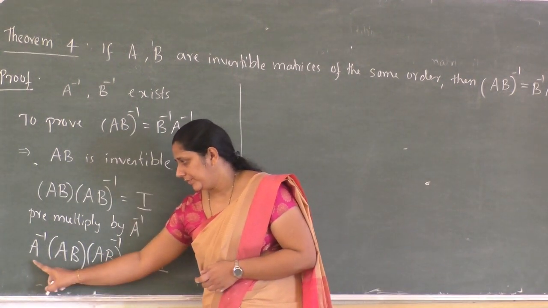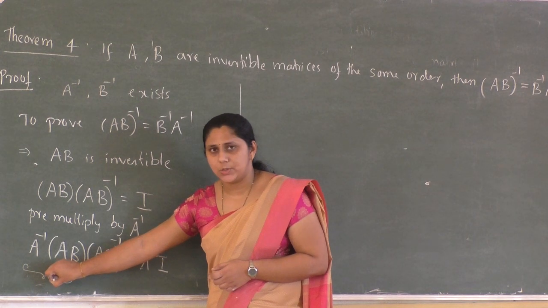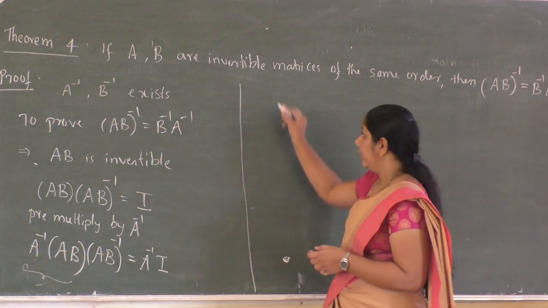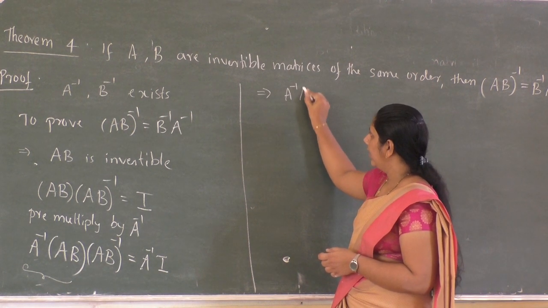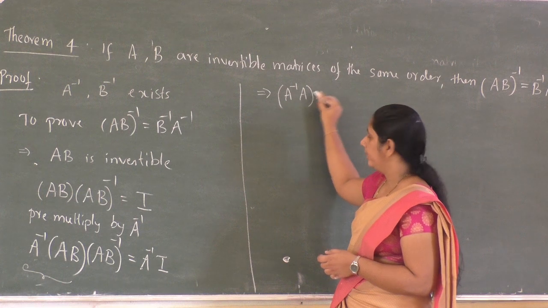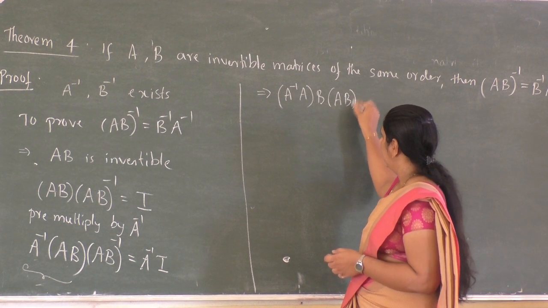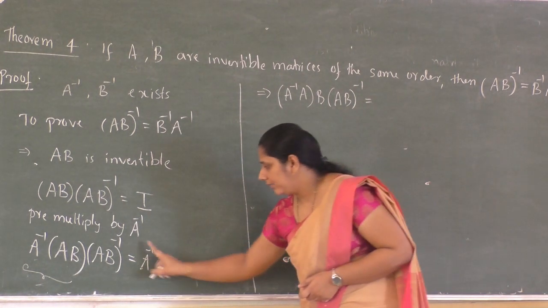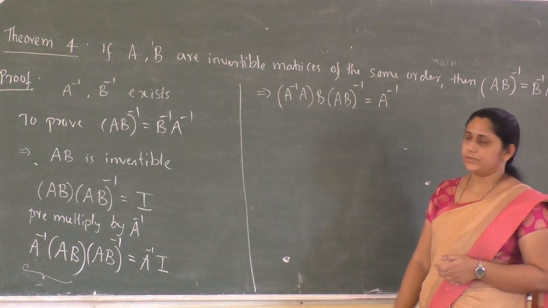At the same time, for these three matrices we have to apply the associative rule, that is A into BC is AB into C. From that we can write it as A inverse into A into B into (AB) whole inverse is equal to A inverse into I, which is equal to A inverse.